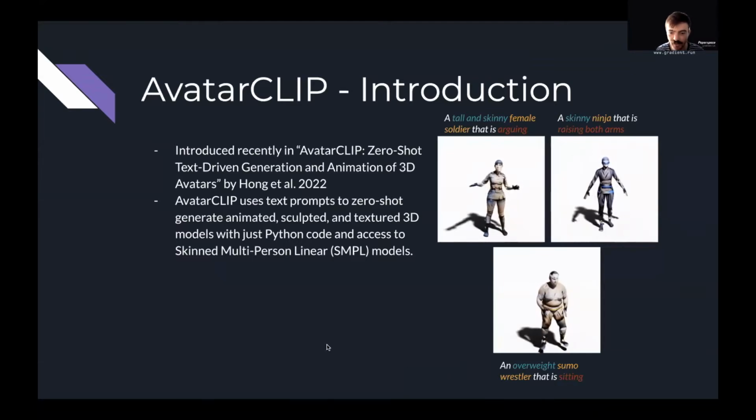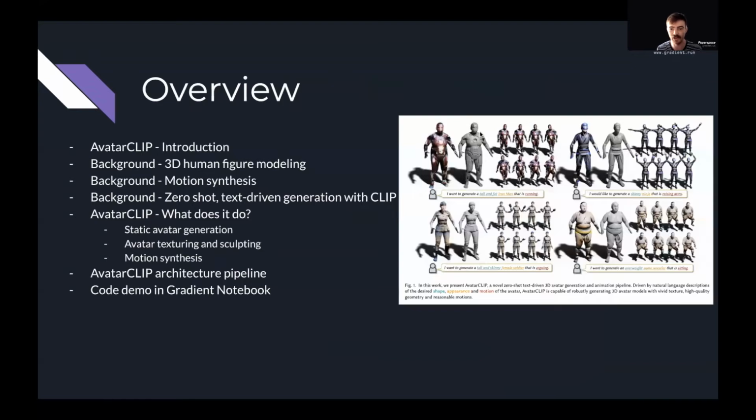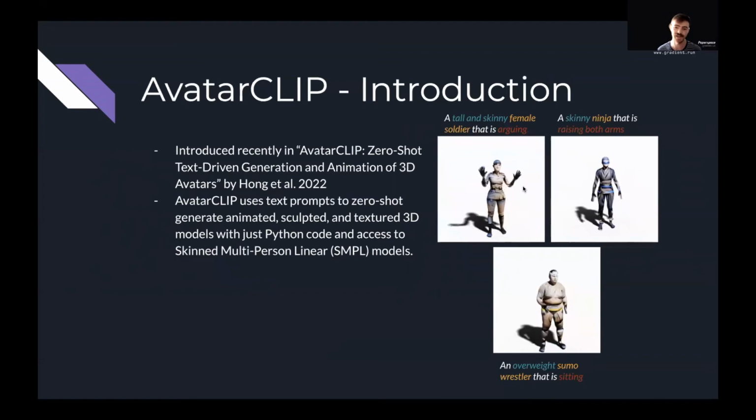On the right, we've got a more active demonstration of what AvatarCLIP is doing. We talked in the last slide about how it will put them through a series of different poses. Here they are actually acting out those poses. In the first one, we have a tall and skinny female soldier that is arguing.